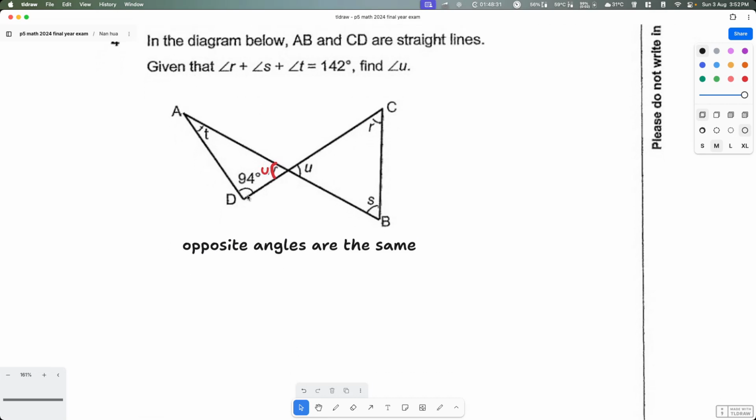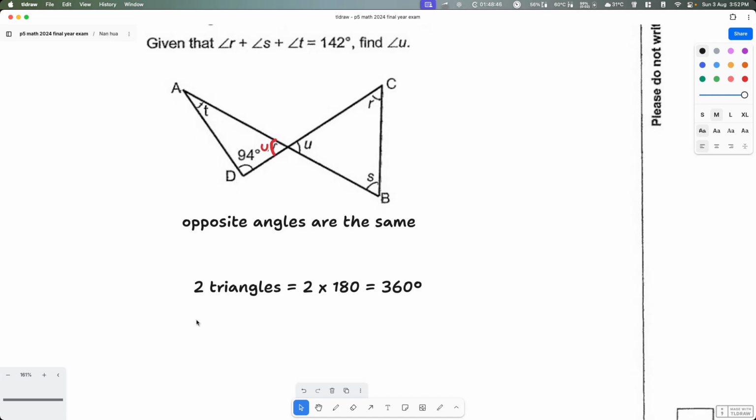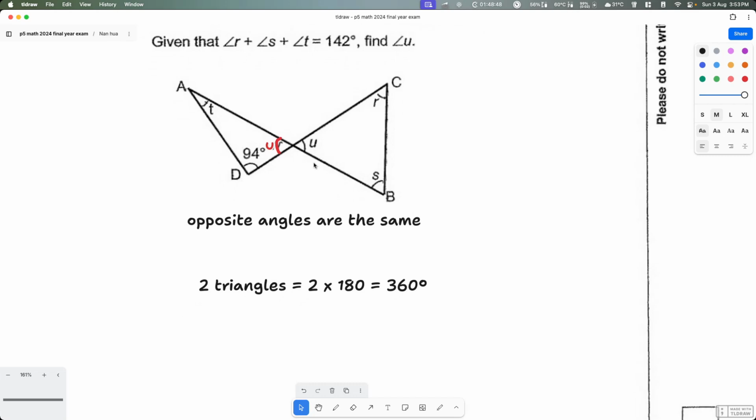We have 94 degrees, we have R, S, T. So we have two triangles, which is equal to 2 times 180, which is 360 degrees. So in this case, that means from here to U is equal to 360 minus 142 minus 94.